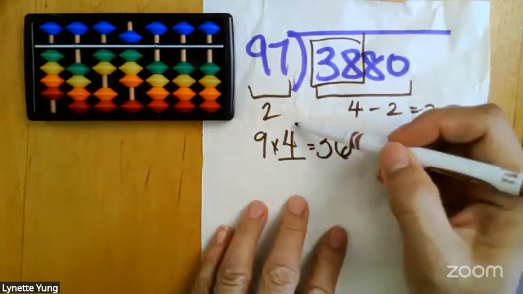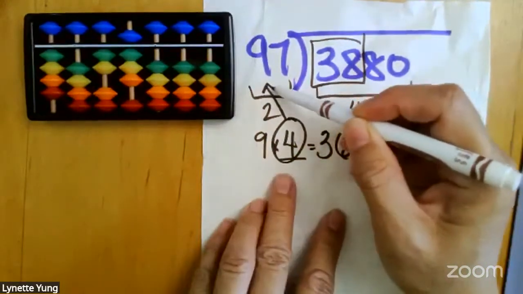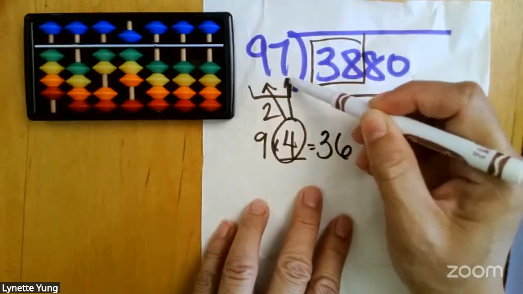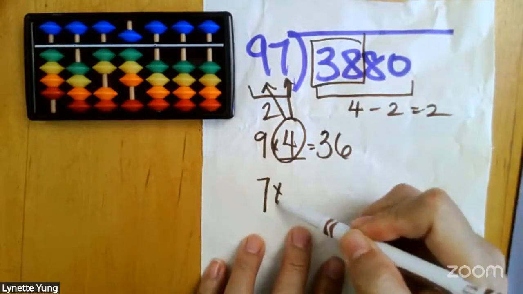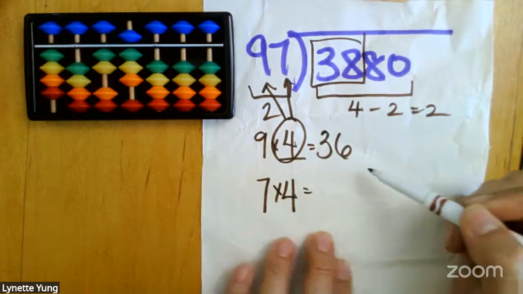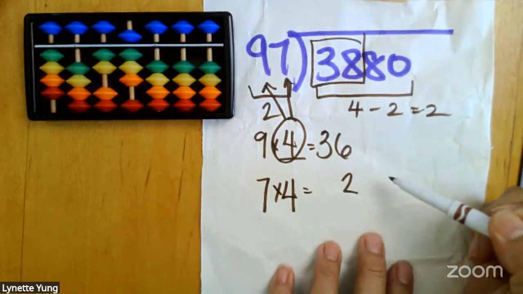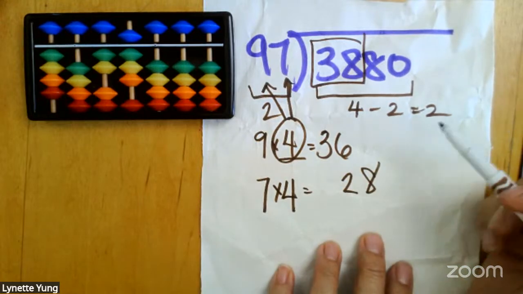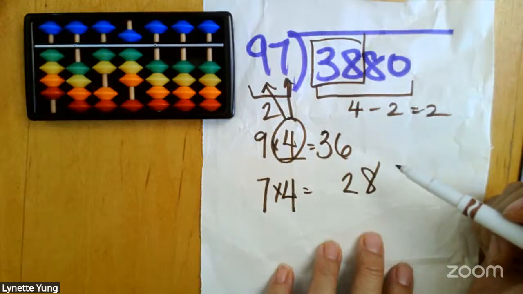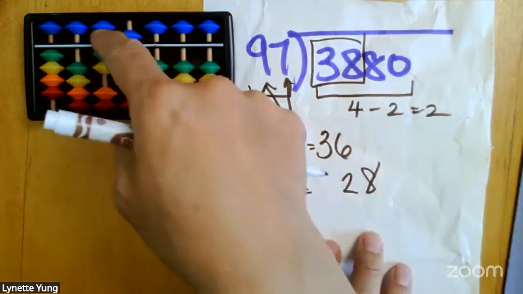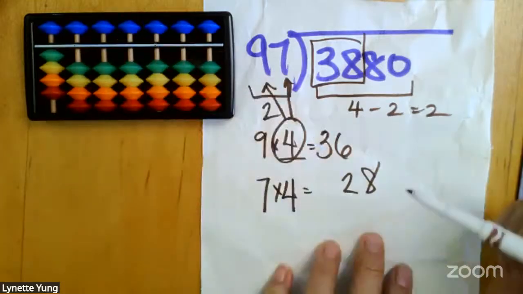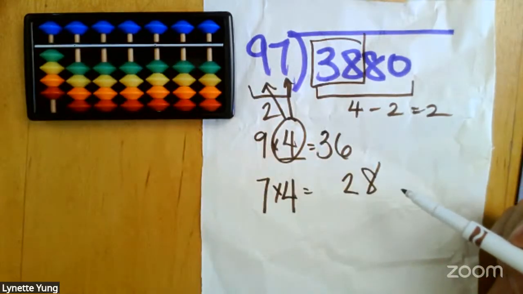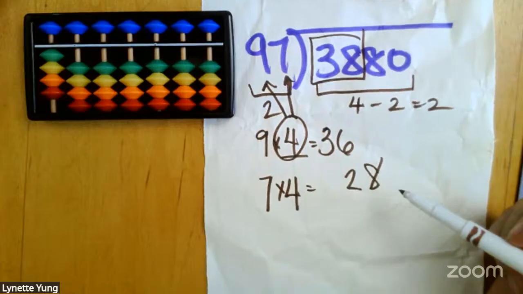Then because we did it here, we got to do it there. 7 times 4 is equal to 28, I believe. So the quotient is 40.